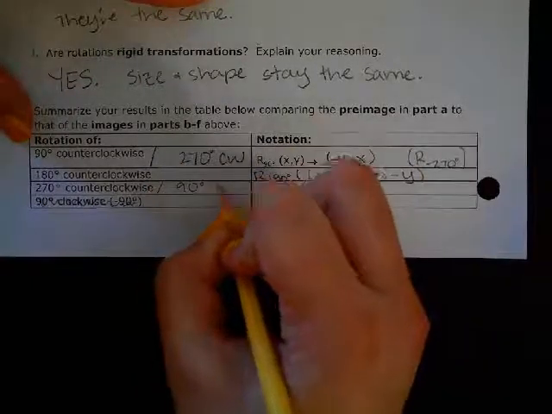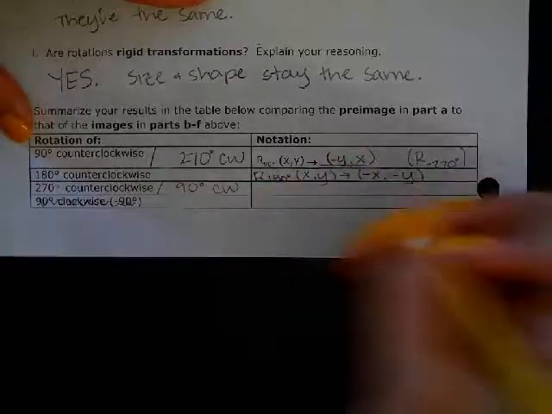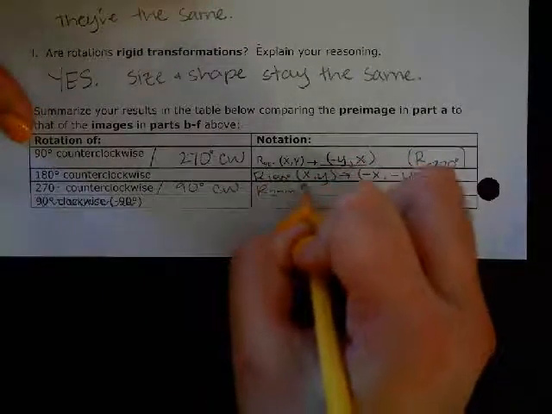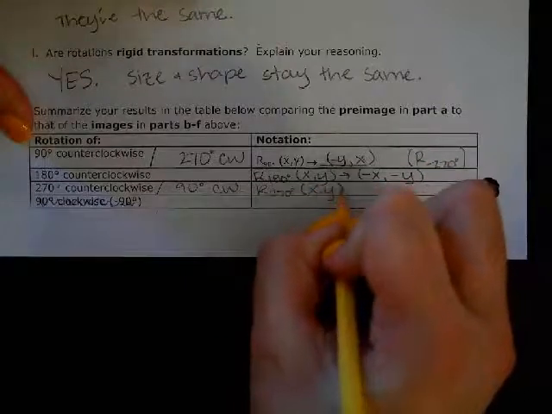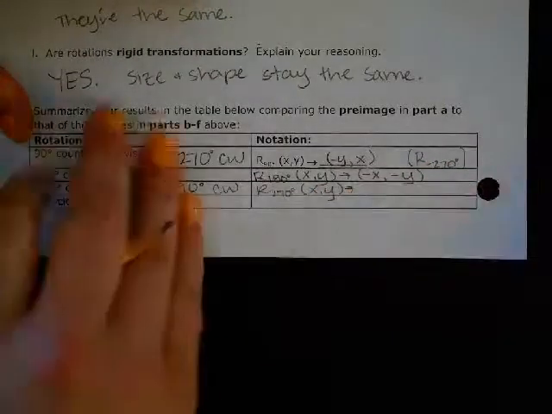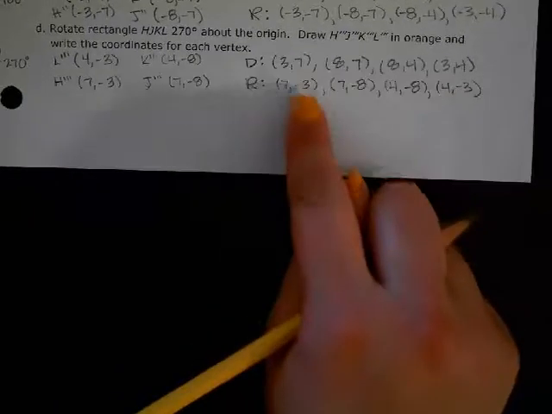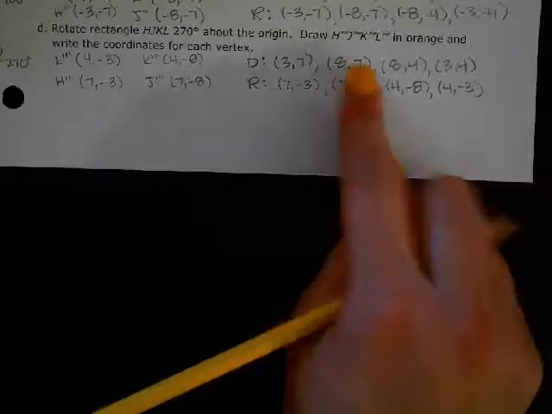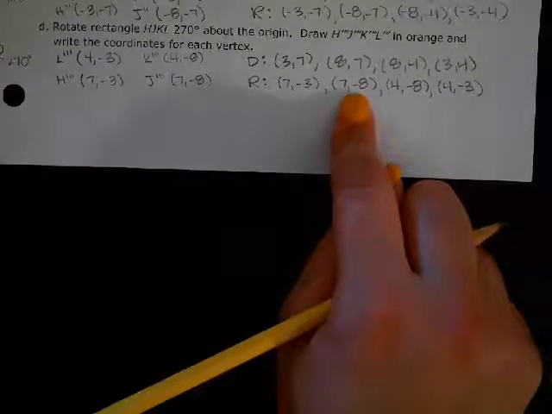So we're going to say R270 of xy, and then let's go ahead and look and see what happened to the coordinates. 3, 7 became 7, negative 3. 8, 7 became 7, negative 8. 8, 4 became 4, negative 8. Yeah, the X and the Y coordinates switched places.